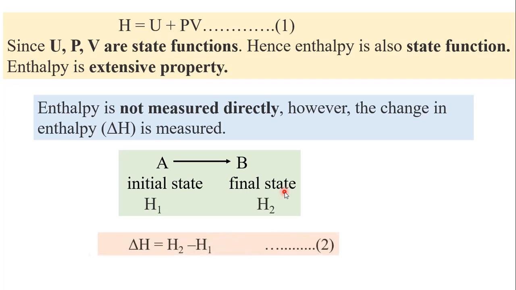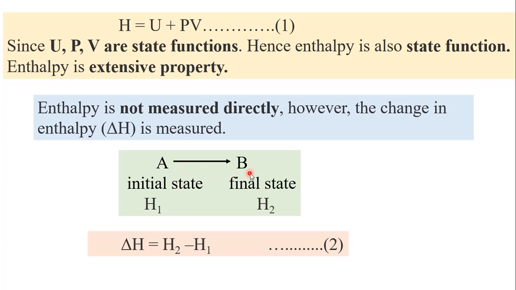Therefore, according to the definition, delta H is equal to H2 minus H1, that is, the enthalpy of the final state minus the enthalpy of the initial state is equal to the change in enthalpy.